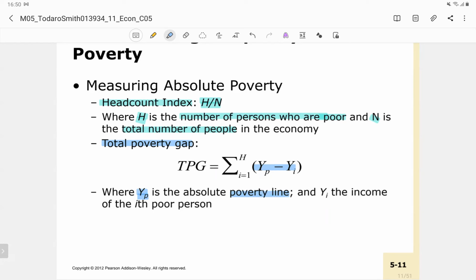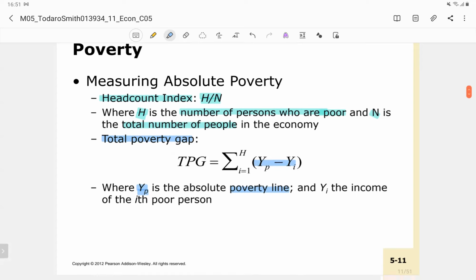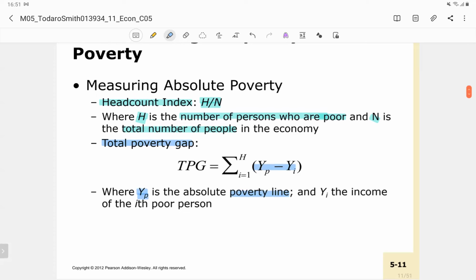The poverty line is stated, for example, like if your monthly income is under $100, then you are poor. So the $100 is the poverty line. The poverty line decides who is poor and who is not poor. So YP is the poverty line, and YI is the income of the poor person.